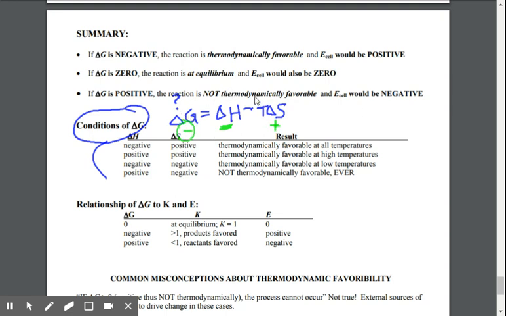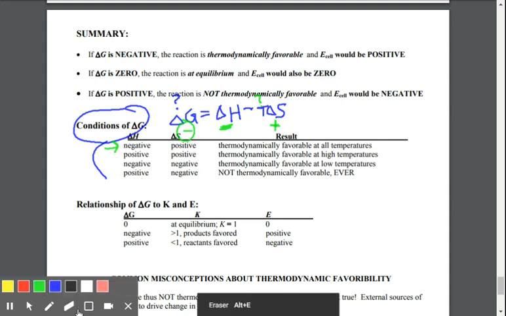It doesn't matter what temperature is present there, because my temperatures are always going to be in Kelvin, so they're more than likely going to be positive values. So that's what this line is saying here. If I have a negative delta H value and a positive delta S value, my delta G will be negative or thermodynamically favorable at all temperatures.